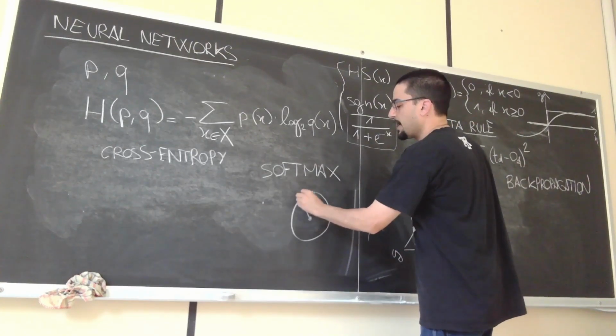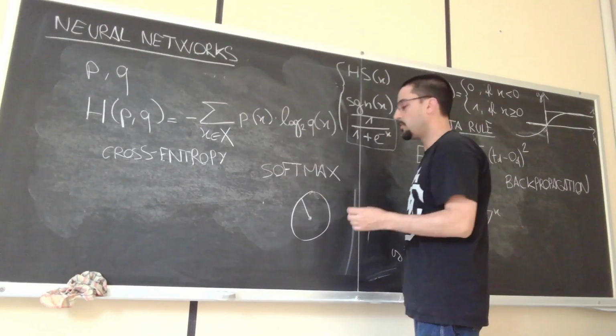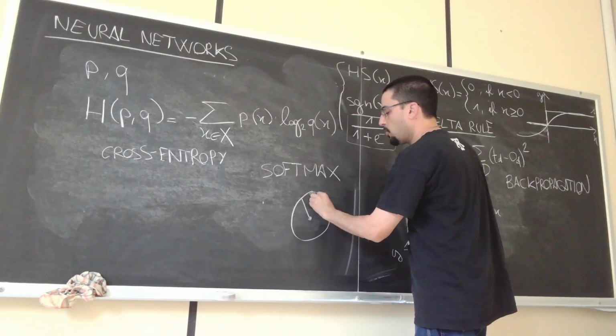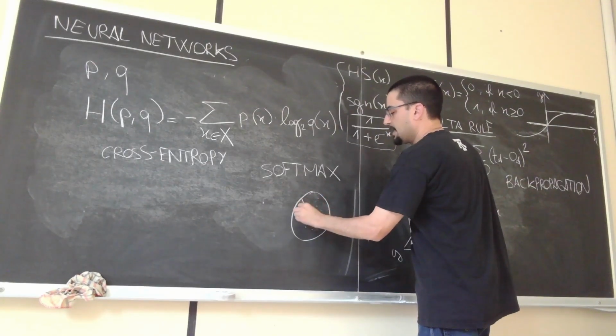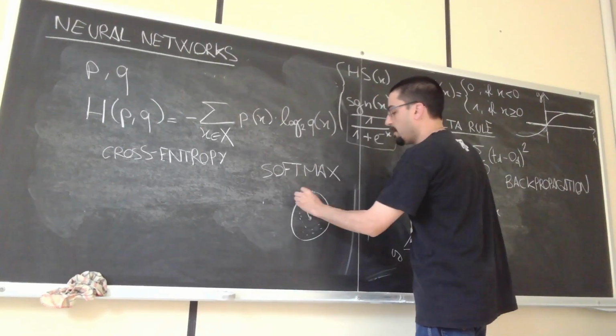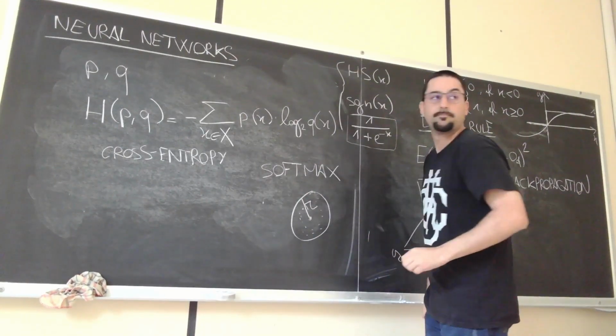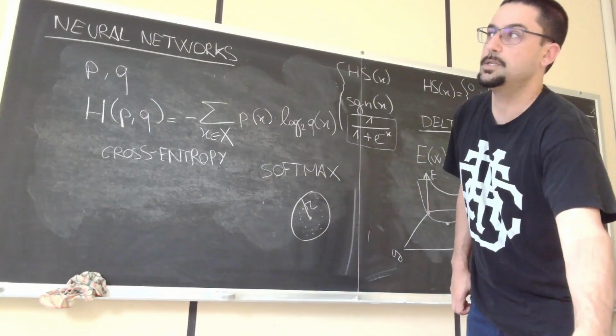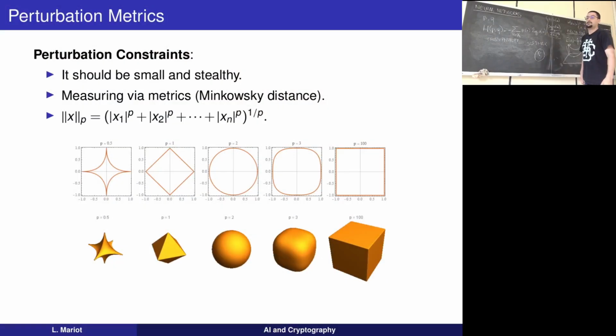So we will say that we can accept as stealthy and small enough all examples that can be obtained by modifying something inside the ball of radius r.